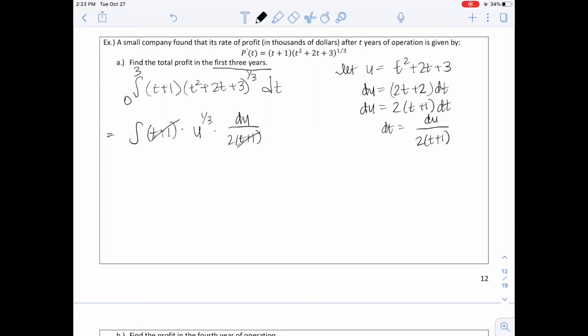So the t plus 1s would reduce out, and I would have the integral of 1/2 u to the 1/3 du, and again you can put that 1/2 out in front.